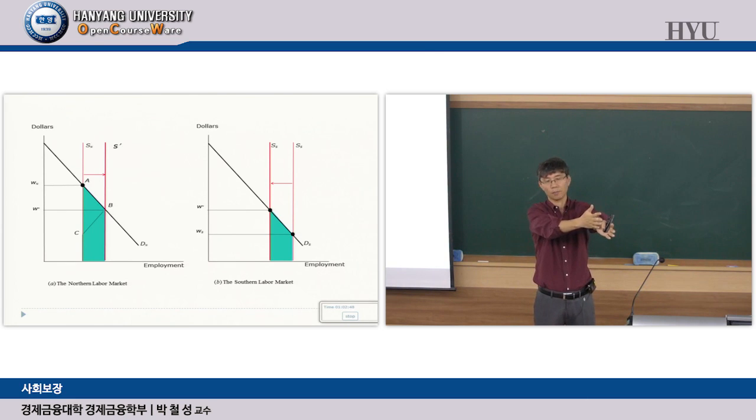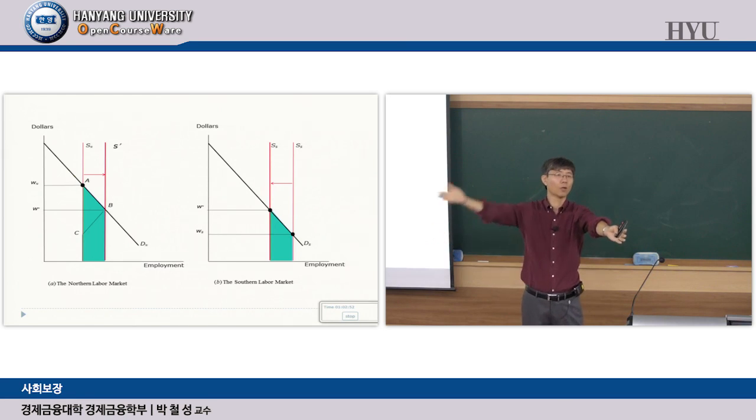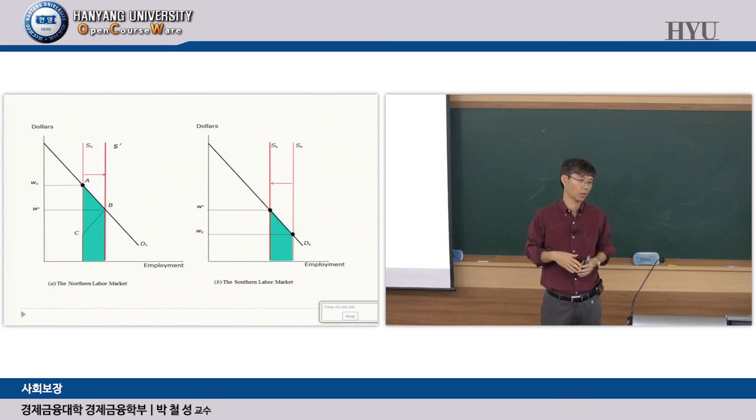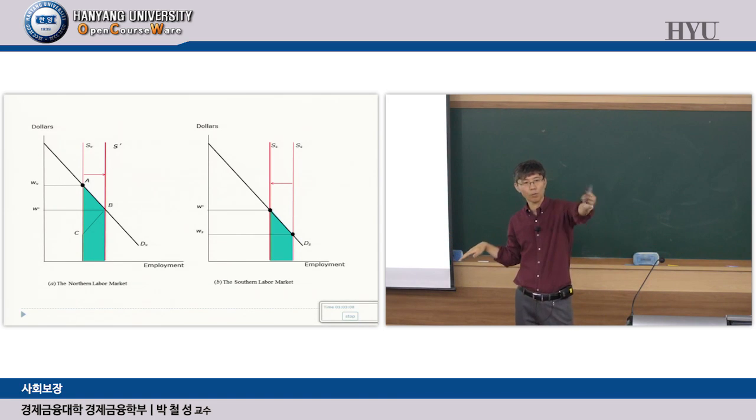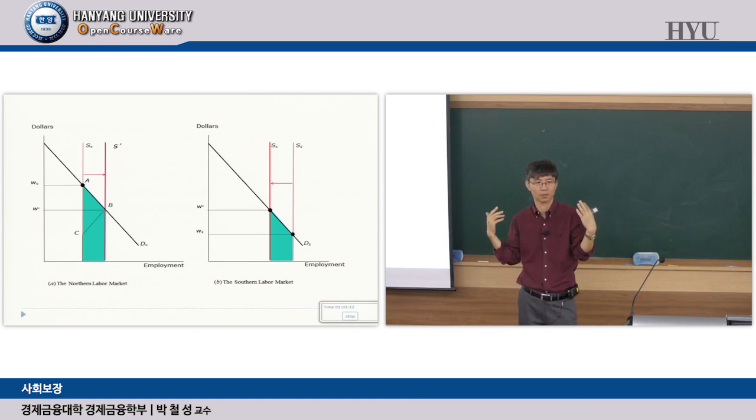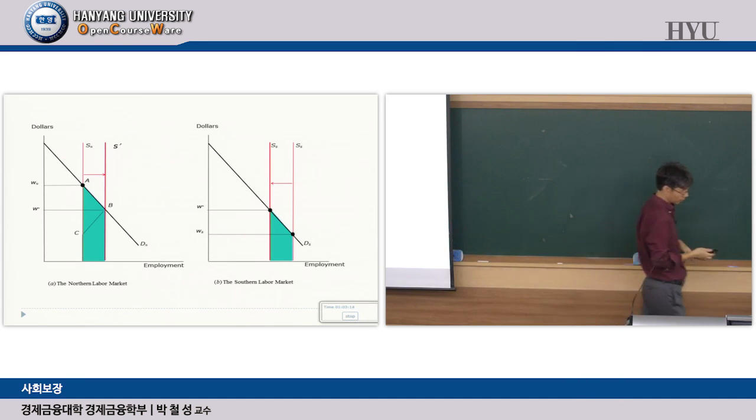So moving from south to north means moving from a less productive region to a more productive region. So people move to the places where they can produce more. Okay? So that's the essence of the movement from a lower productive area to a more productive area. That basically shows up as a wage difference.